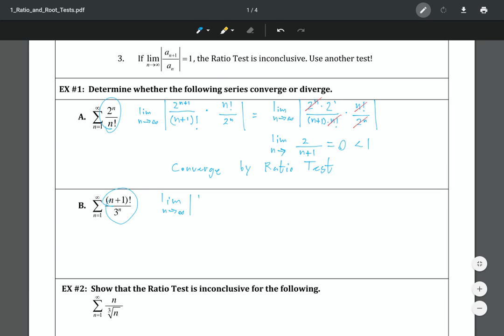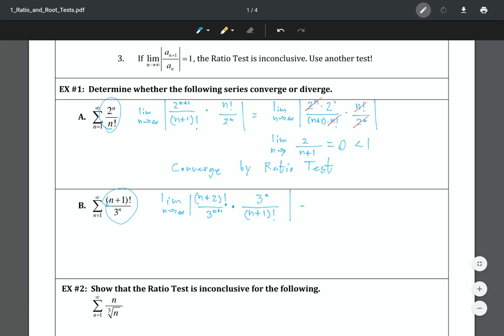So I have n plus 1 plus 1, which would be n plus 2 factorial here, over 3 to the n plus 1, times, I don't know what it is, but my dogs always decide to drink water right when I'm recording. All right, so now I have n plus 1 factorial here. Remember, I keep change and flip, and this is 3 to the n.